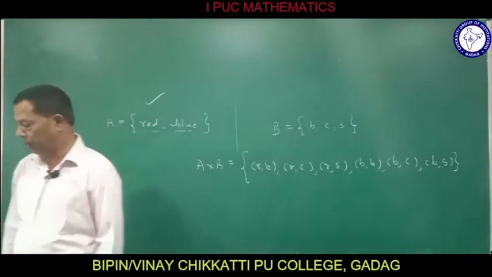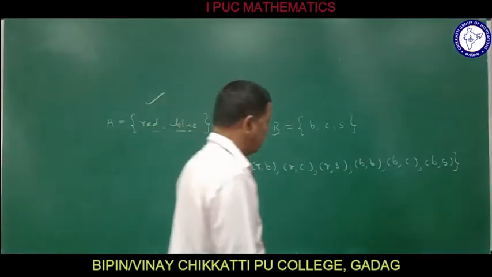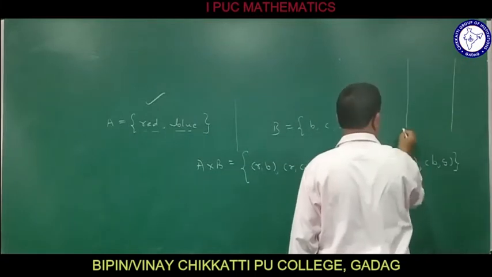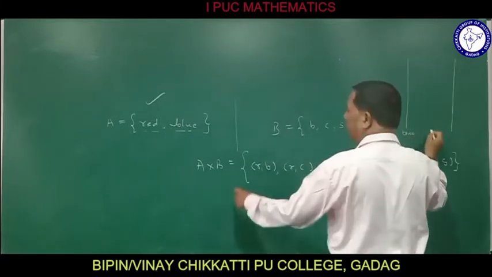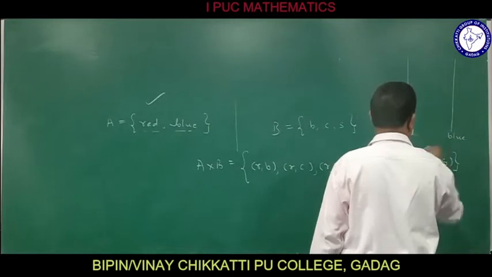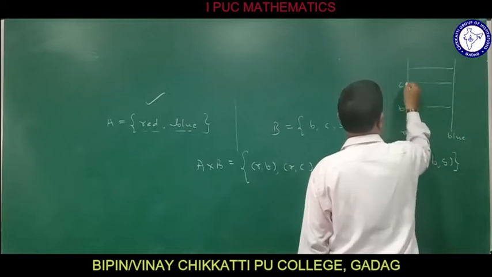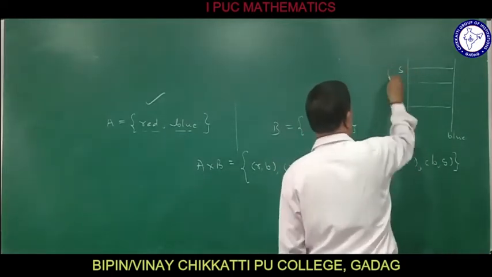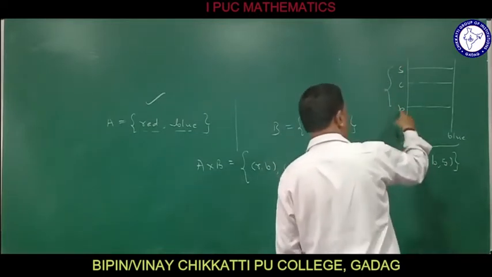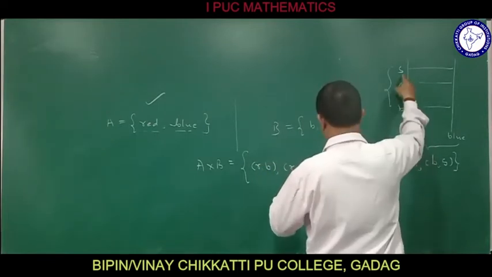This is the way of finding the Cartesian product. You can also see it in a diagrammatic way, though not necessary. Here I write red and blue as set A, and 1, 2, 3, that is B, C, S, as set B. Red pairs with bag, coat, and shirt.